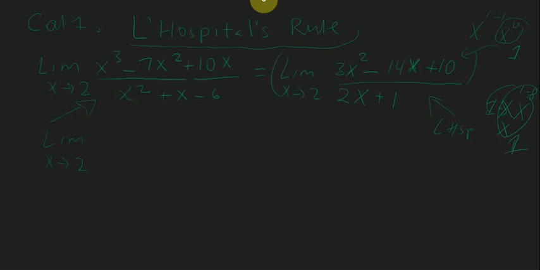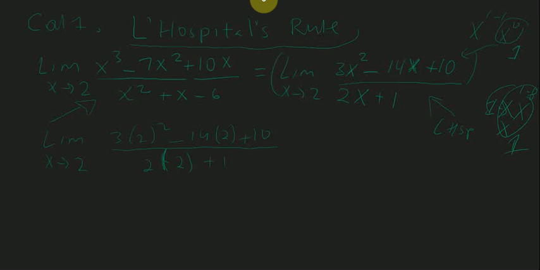So we will have here 3 times x approaching 2, we square it, minus 14 times x approaching 2, plus 10, all over 2 times 2 plus 1, right?